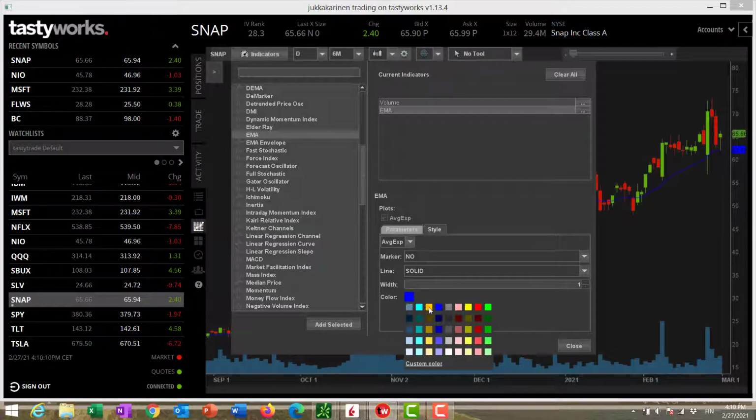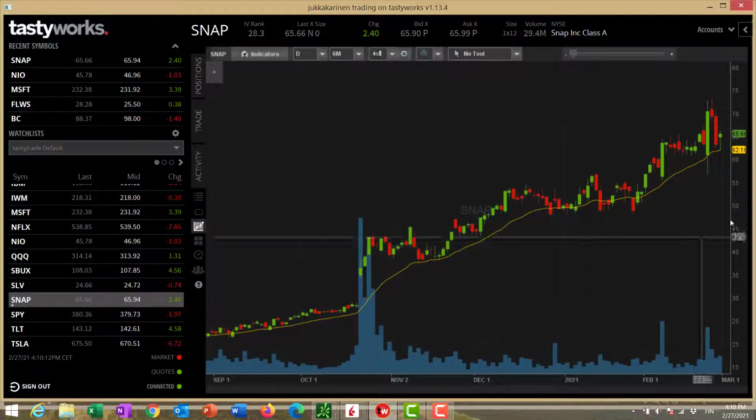I'll change the color so that I can see it. Let's say yellow. So here, Snapchat on the daily has been using this 21 period moving average pretty much like support, except that here it didn't know what to do for this time here.